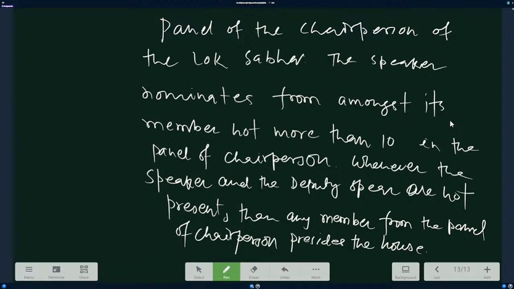Center-state relation and federalism are very important for mains perspective. ये जो parliament है, it is important from both perspectives, PT as well as mains. So देखते हैं, हो जाएगा बहुत सारा इस वीक में. I'll ask 30 questions from the parliament objective and approximately 5 to 7 questions from federalism. Parliament and federalism. Sorry.